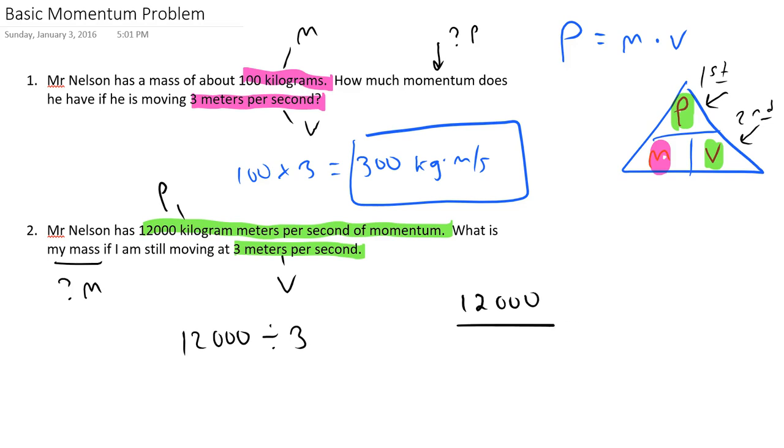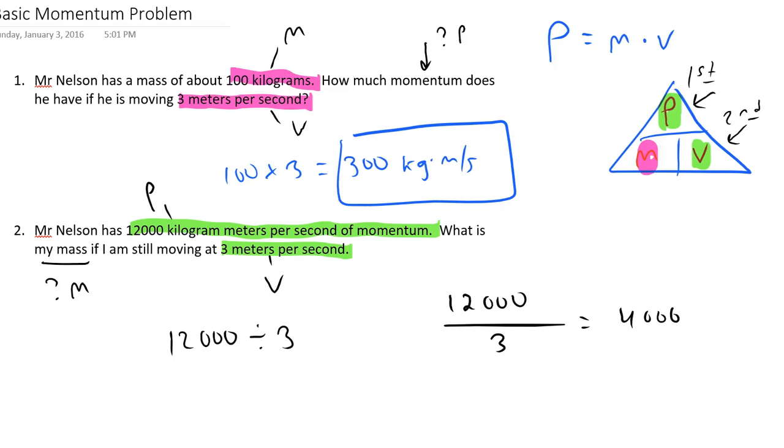So 12,000 divided by 3 gives me 4,000 kilograms. So if I had that much momentum but was still only going 3 meters per second, I would have a mass of 4,000 kilograms, which is obviously not how much mass I have. So it's kind of a goofy problem there.